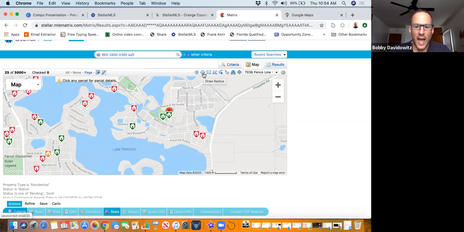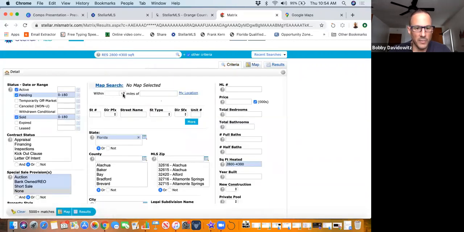I will say that I don't like using this radius feature. A lot of people like to use this feature. And actually, if you look at the criteria, you can say something like within 1 mile of a certain address. So, or within a quarter mile of our address, which is 7036 Fence Line. I don't like that because what it does is it draws a circle around that, and it might capture neighborhoods that I don't want to look at.